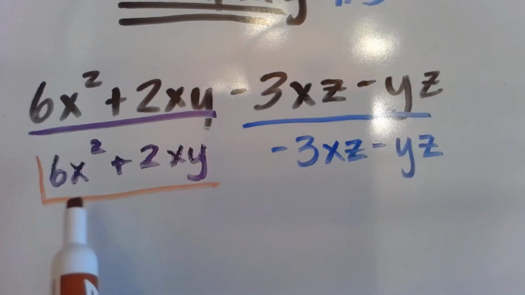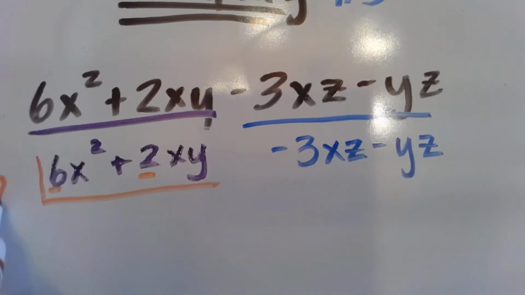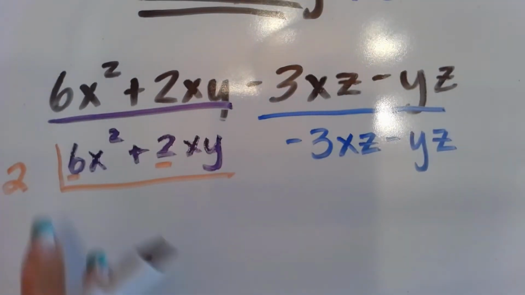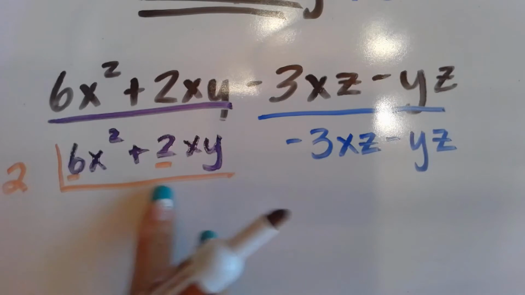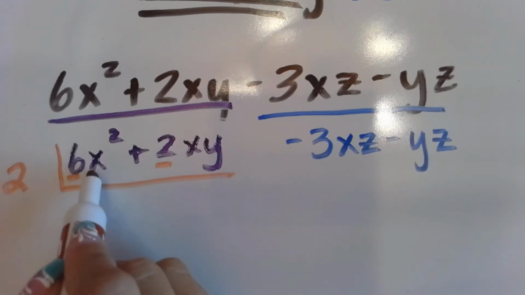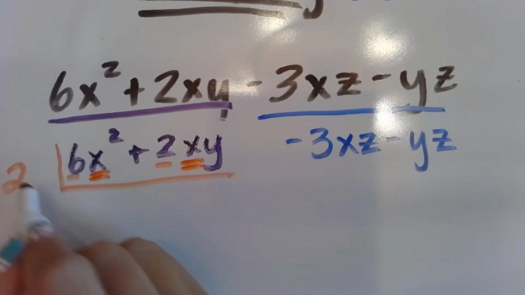So what number can go into 6 and 2? 2 goes into both of them, because we know that 6 divided by 2 is 3, and 2 divided by 2 is 1. Now, let's look at our variables. We have an x here and an x here. So we know we can pull out an x.